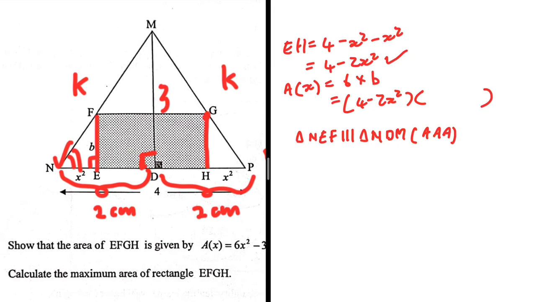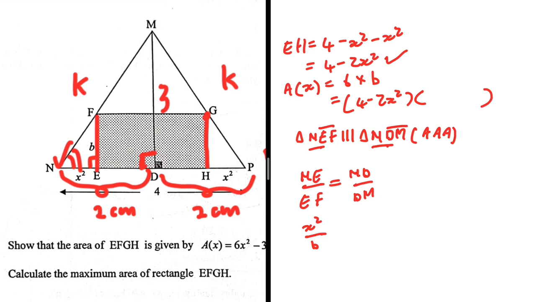If these two triangles are similar, then NE divided by EF is equal to ND divided by DM. What is NE? NE is x squared. What is EF? EF is B, the breadth we are looking for.